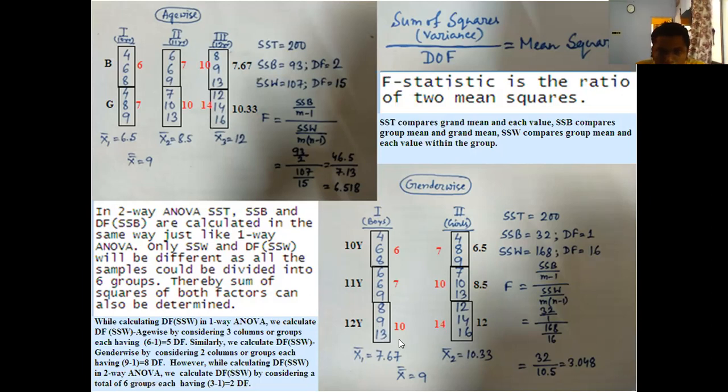In this way, you are calculating the sum of square within, and ultimately you are getting 168.